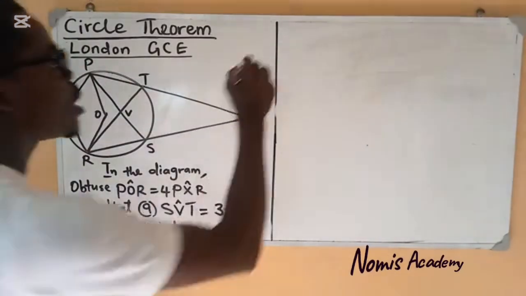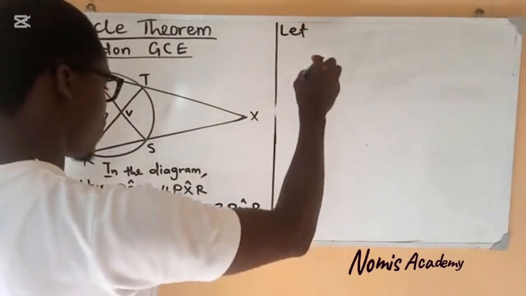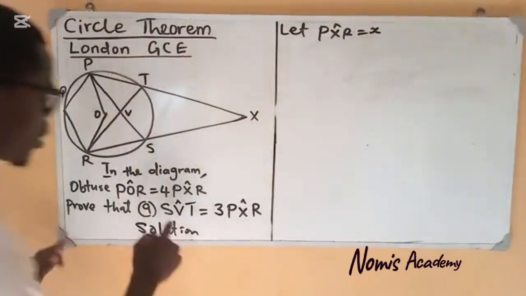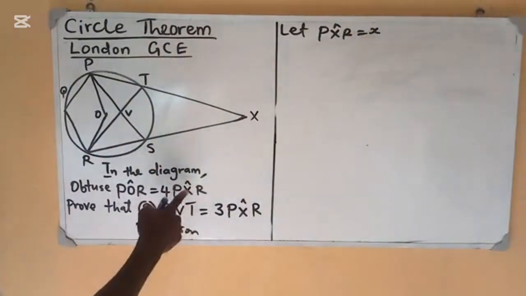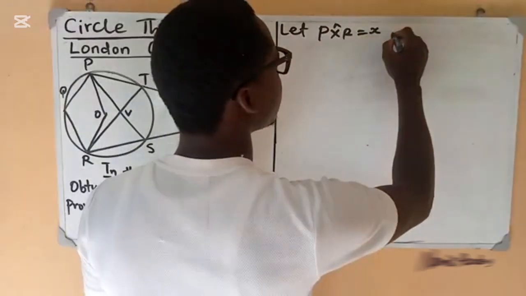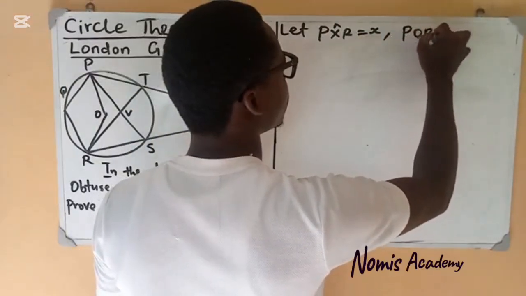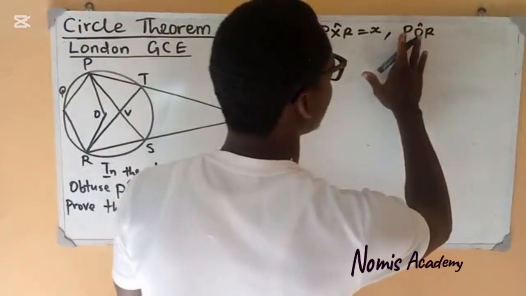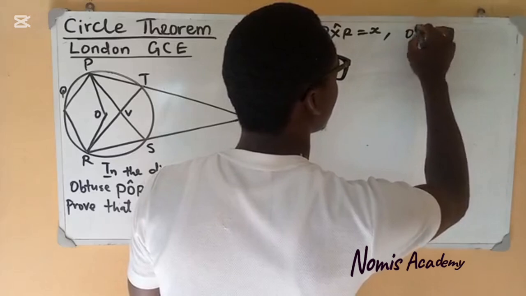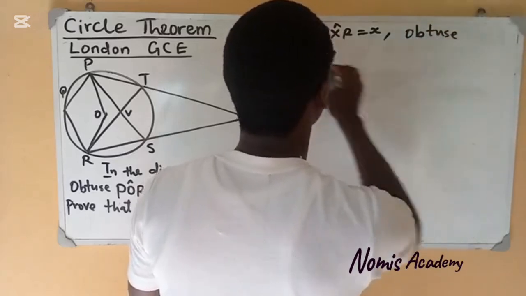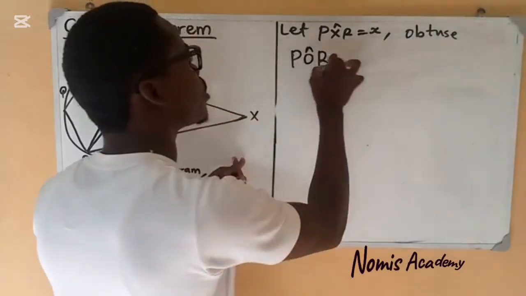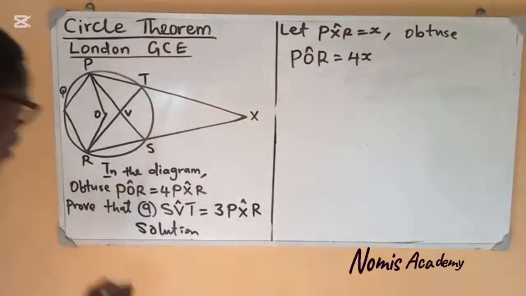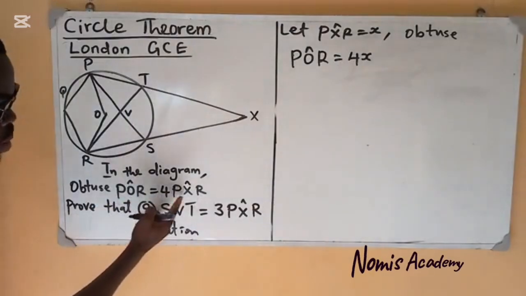All right, let's start by saying let PXR equal to x. Then we have POR, which is the obtuse angle. Obtuse POR is equal to, according to the statement, 4x, since POR is equal to 4PXR.